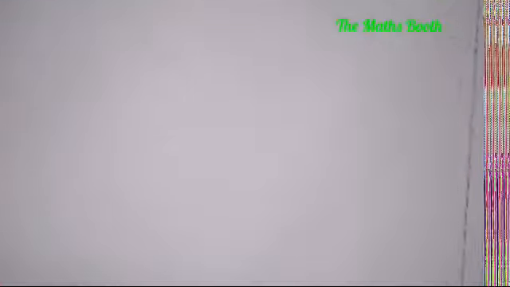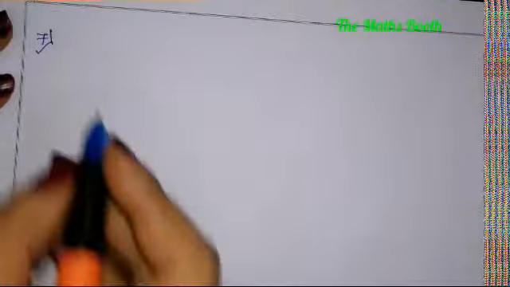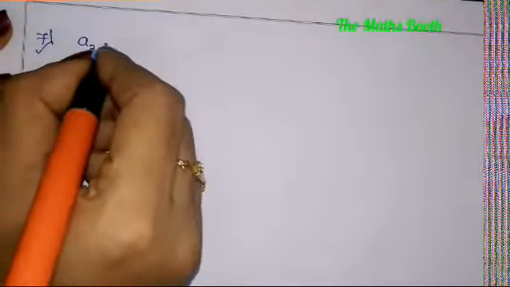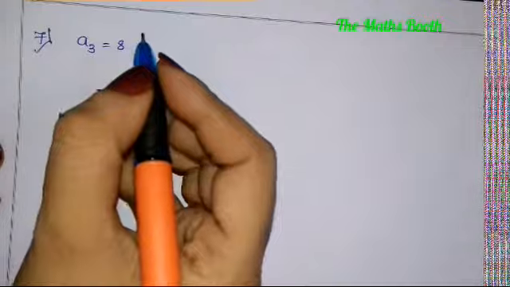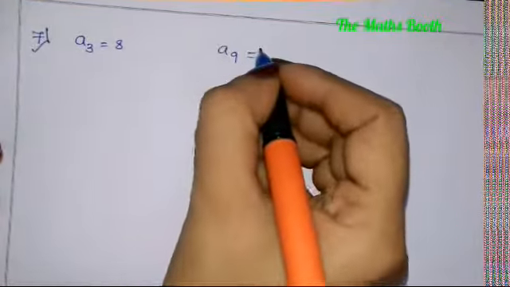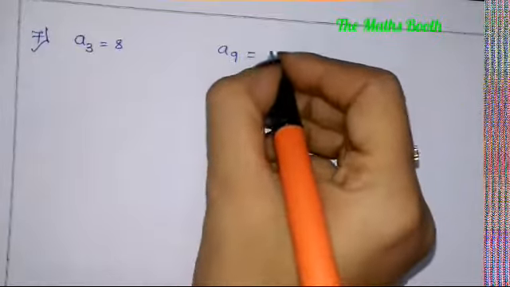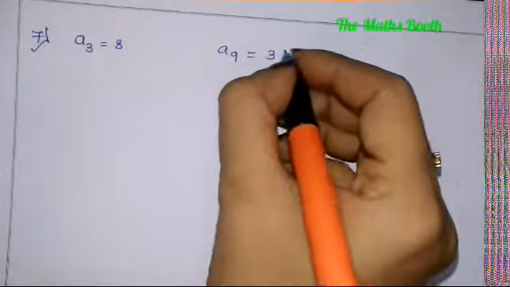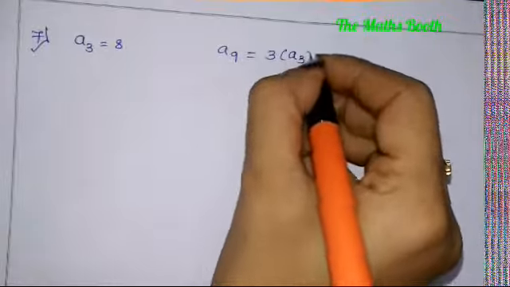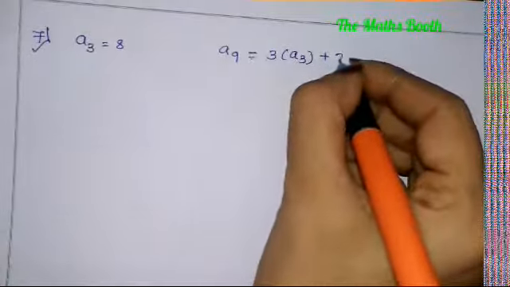Here the question given is question number 7. They have told the third term is 8 and the ninth term exceeds 3 times the third term by 2.